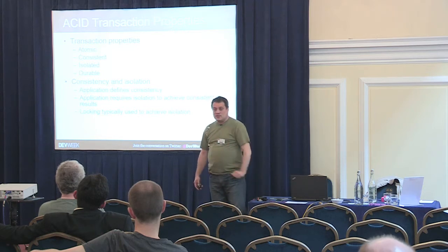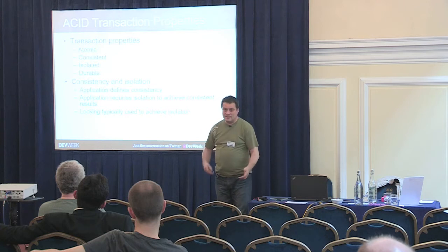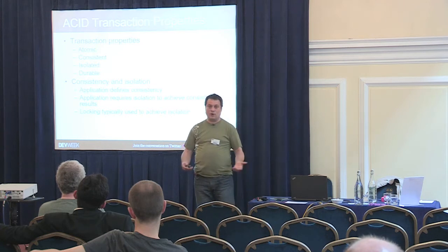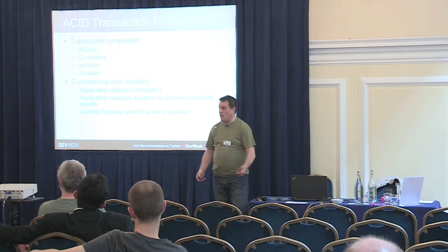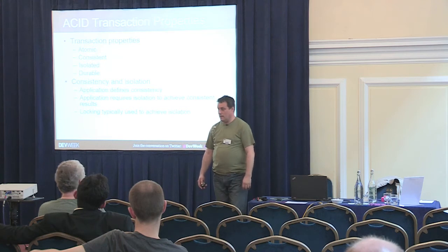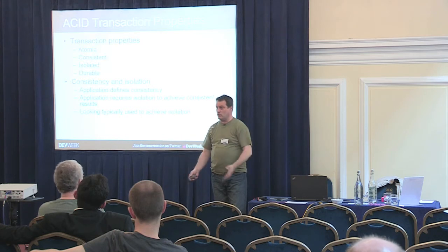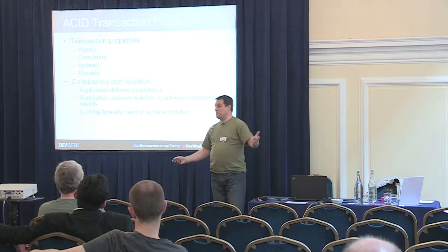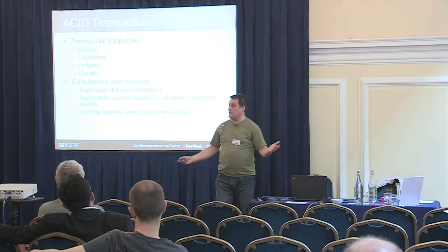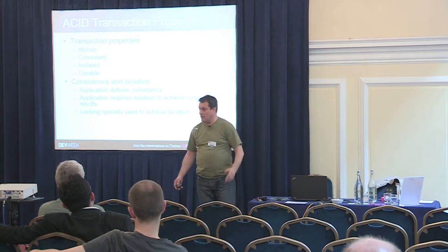Now what exactly does consistency mean? Well, this is defined by the application or even better, by the business problem you are trying to solve. So if you don't care about any kind of consistency, you can afford to lose transactions, then delayed durability is perfect for you, right?